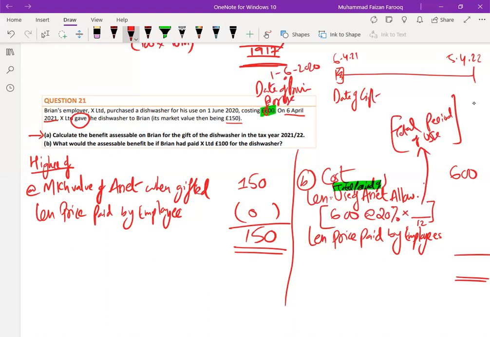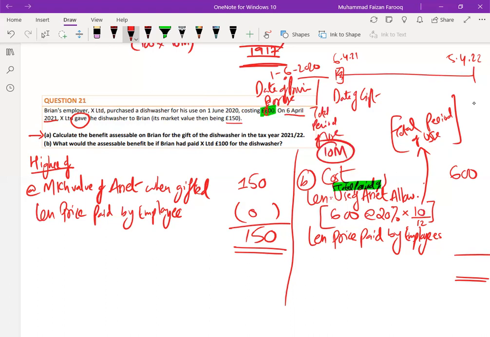Use of asset allowance, here we are going to take it 20% per annum, but we will consider total months of use. For example, in this question, you can see this is the total period of use, which is how many months? Just calculate: June, July, August, September, October, November, December, January, February, and March. How many months? Only 10 months.